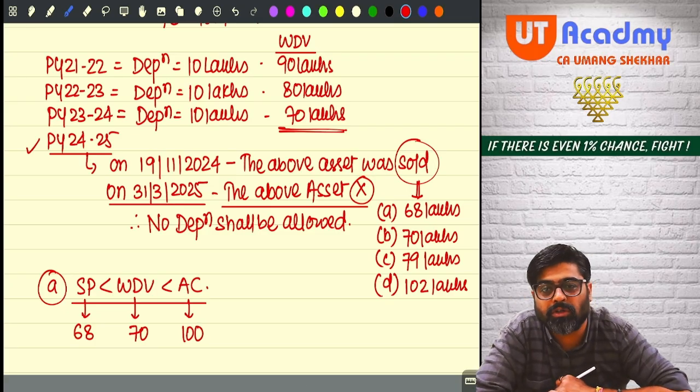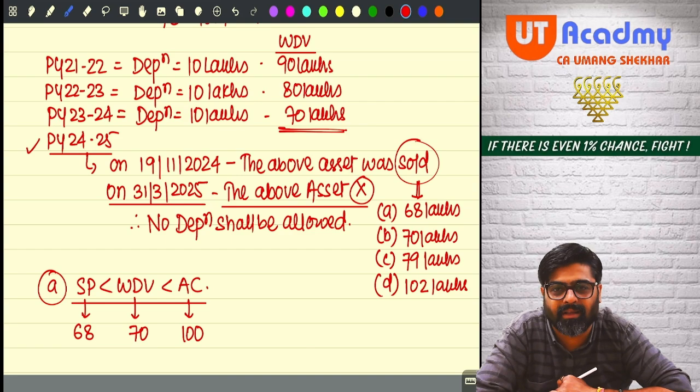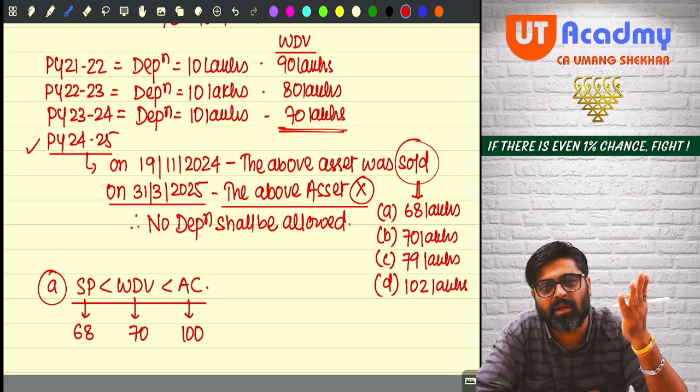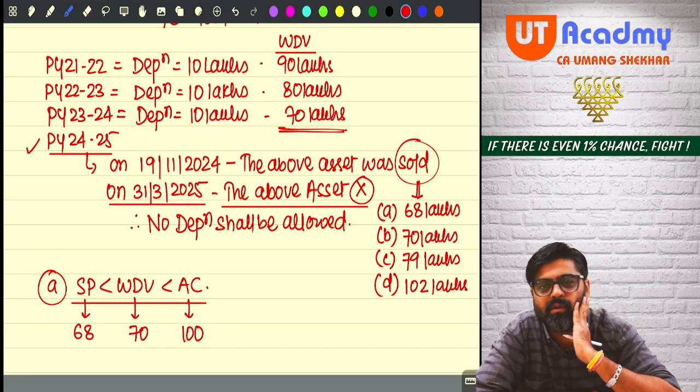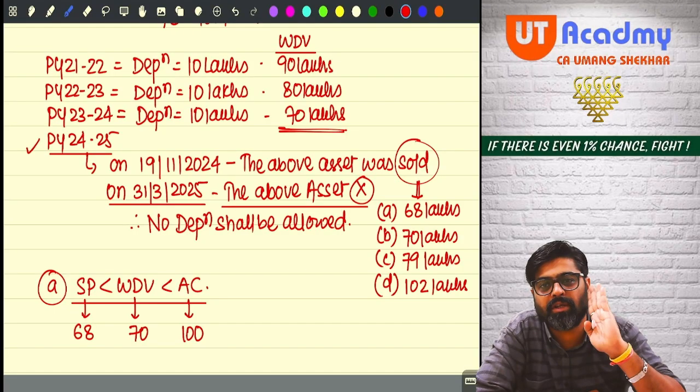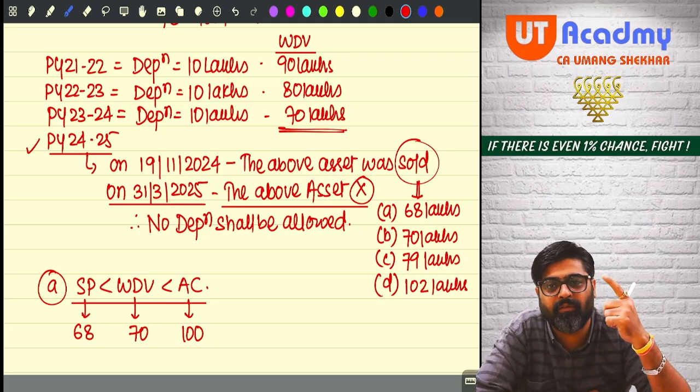The asset whose cost was 100, you sold that asset right now for 68. So, to the extent of 68, your cost is recovered. How much cost is still remaining? 32 lakh cost still remaining. Out of that 30 we have already allowed, no? So now claim 2 lakh cost as your terminal depreciation. How will you calculate that 2 lakh?